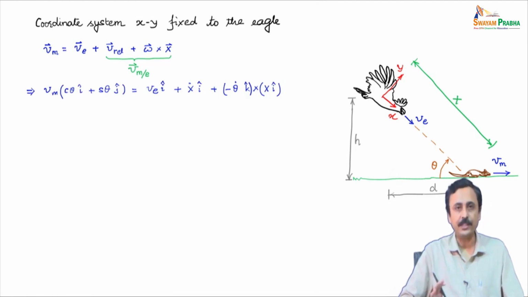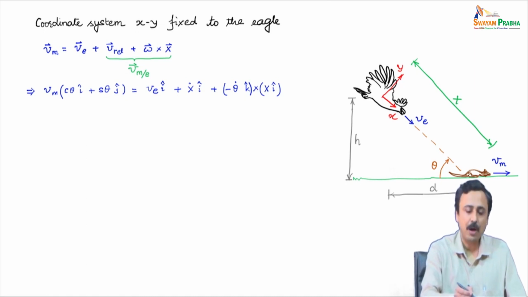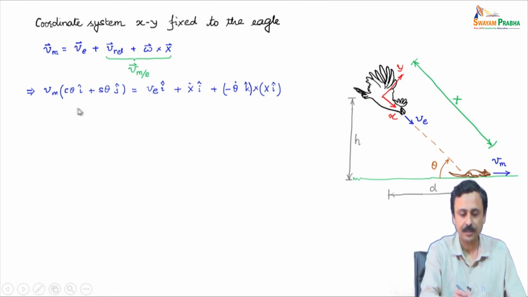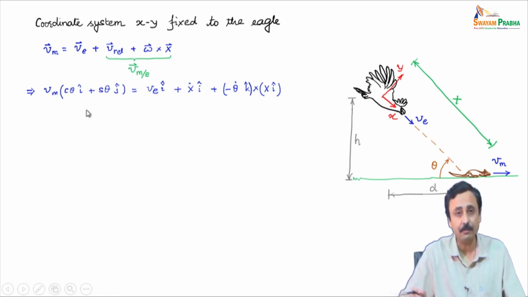Now, I start representing all these vectors in that x y frame. Velocity of the mouse in the x y frame is the magnitude of the velocity, v m, times the unit vector direction. Now, v m is in the horizontal direction, and this is the angle theta. Therefore, the unit vector direction in the direction of velocity of the mouse is cosine theta i cap plus sine theta j cap.